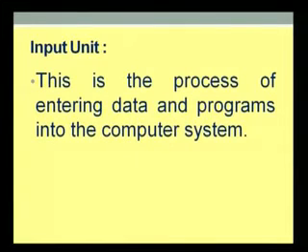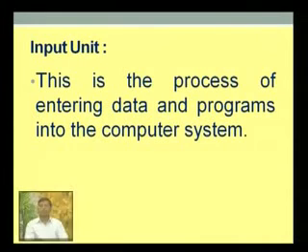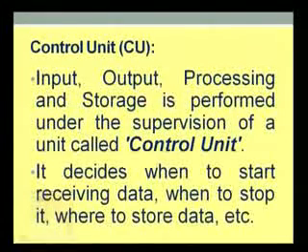The input unit is the process of entering data and programs into the computer system. As described earlier, we provide data as well as programs into the computer system by means of the input unit. In the input unit we have different devices through which we can provide the data as well as programs into the computer system.